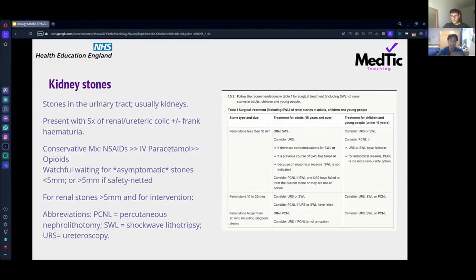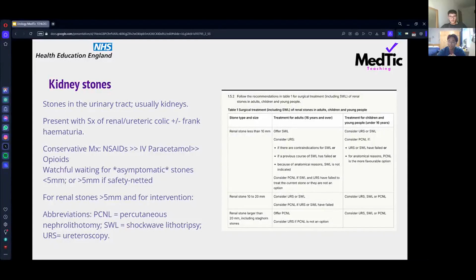A PCNL is essentially where they go in through the skin into the kidney, make an incision, and try and get rid of the stone from inside the kidney. Whereas URS, or ureteroscopy, is where they take a camera or an endoscope all the way up the urethra into the kidney itself and try and dislodge the stone that way.